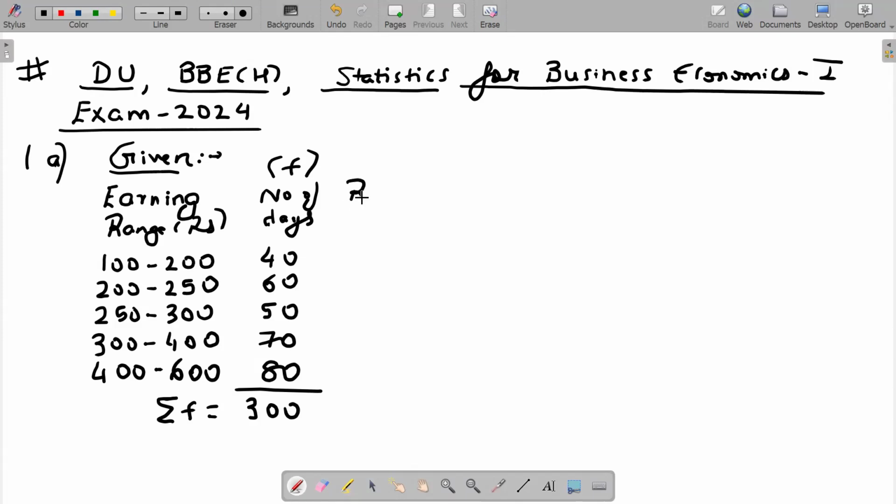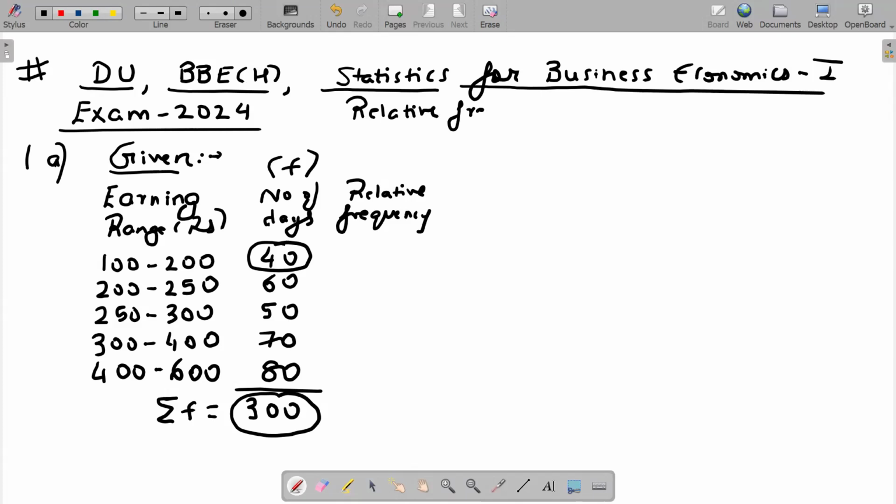So, how do we calculate relative frequency? For the first class, it's the frequency of that class divided by total frequency. I can write the formula on the top just for clarity. Students who have subscribed to my complete lectures for statistics for business economics, we have done these formulas in the main lecture as well.